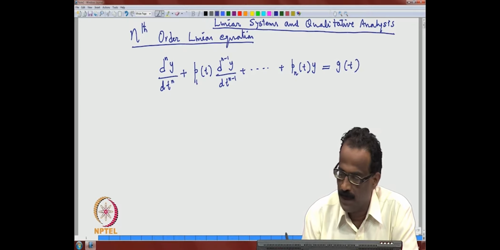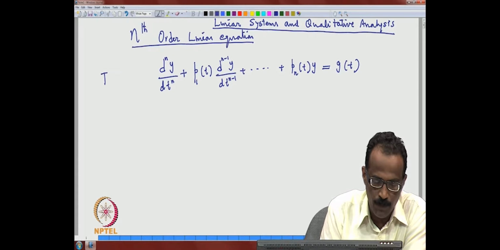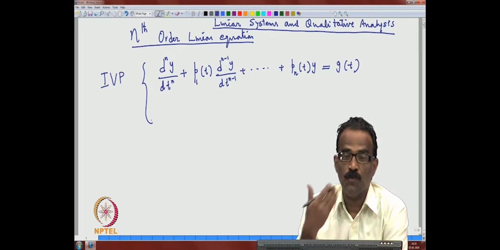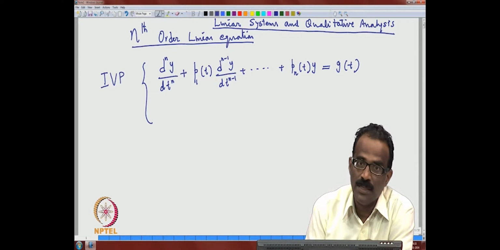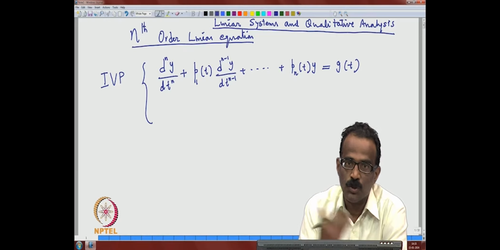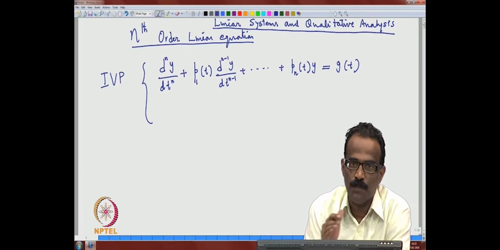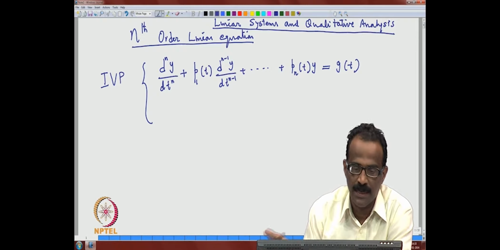If you are looking for an initial value problem, as you have seen for n equal to 2 for the second order equation, you can define not only initial value problems but also boundary value problems, and you will see a few lectures on boundary value problems of second order equations in a different module.